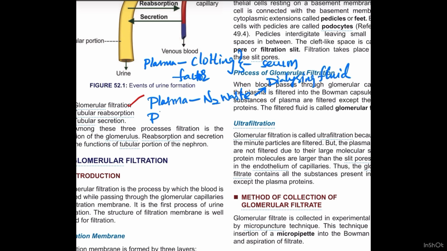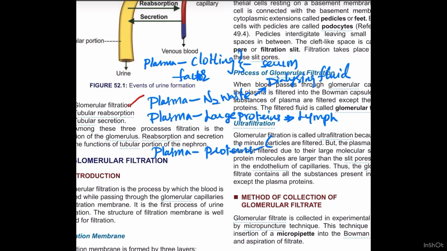When you consider plasma minus large proteins, then you will mention this as lymph. When you mention plasma minus proteins, complete proteins, either large or small, this is GF.